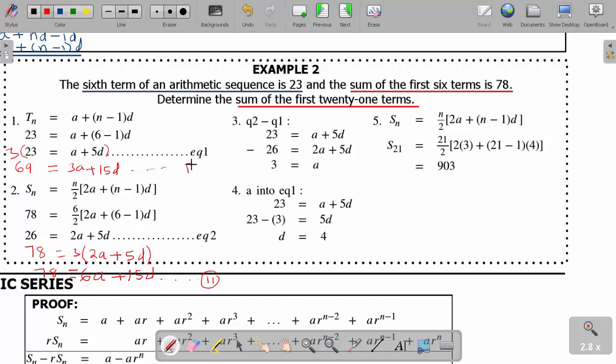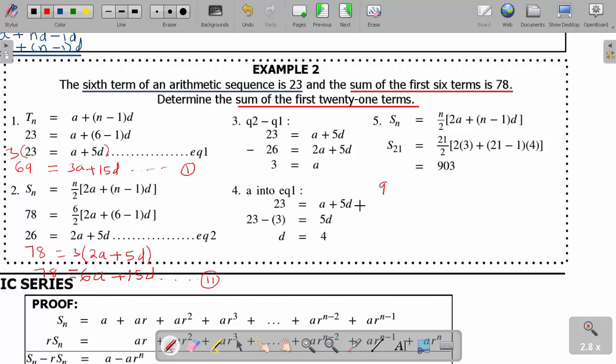So equation 2 minus equation 1 is going to be 78 minus 69. What do you get? What is 18 minus 9? Because 8 minus 9 is not possible, 18 minus 9 I'm going to get 9.